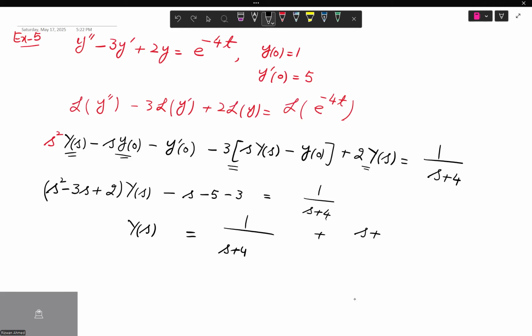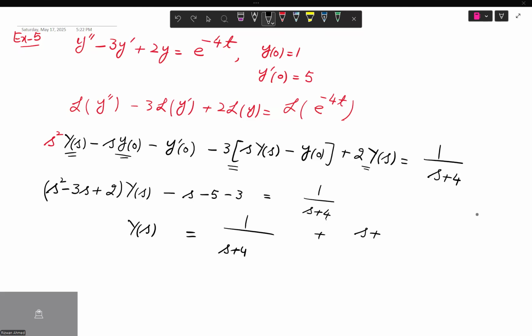Well, I noticed that this minus should be plus. So therefore minus 2, and it will become here plus 2. And the rest of the expression will become a divisor, s squared minus 3s plus 2. And over here it is s squared minus 3s plus 2.